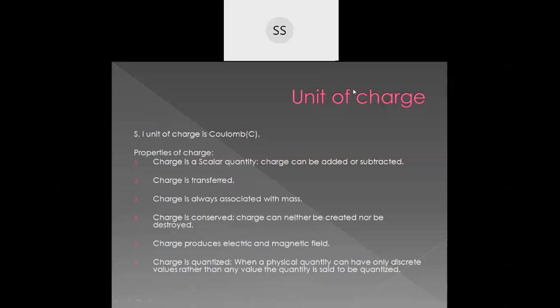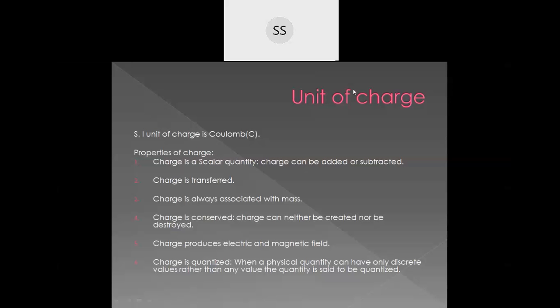Fifth property is charge produces electric and magnetic field. I have already told you that when a charge is at rest, it produces an electric field around itself. Electric field means that only up to a particular area it can attract or repel another charge.